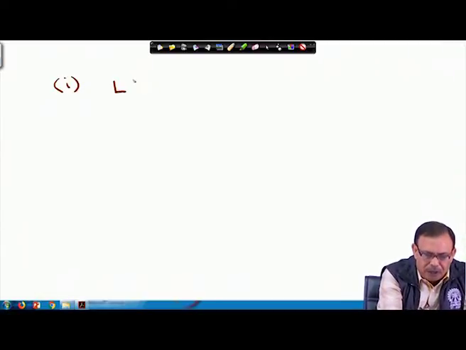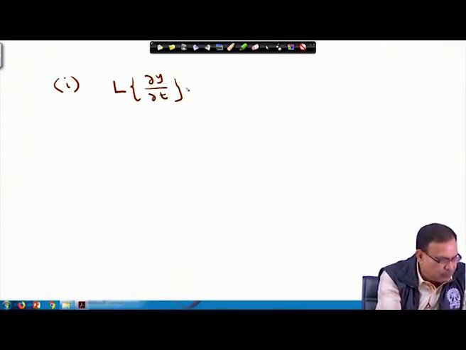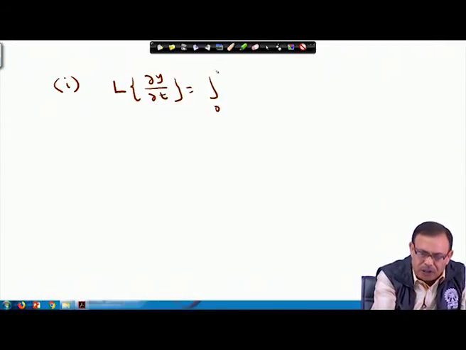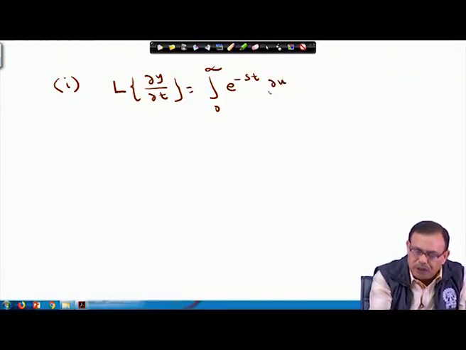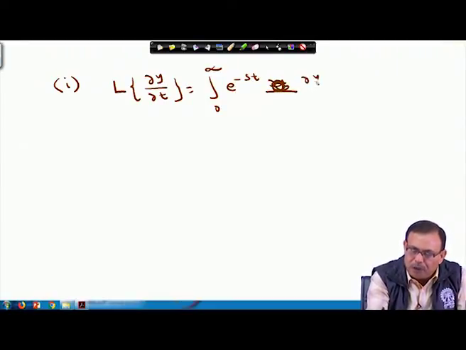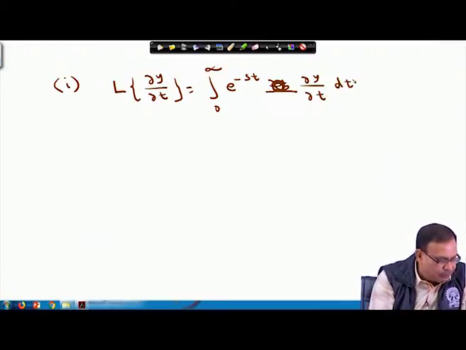Proof of the first one, that is the Laplace transform of ∂y/∂t. From the definition you can write the integral from 0 to infinity of e^(-st) into ∂y/∂t dt.